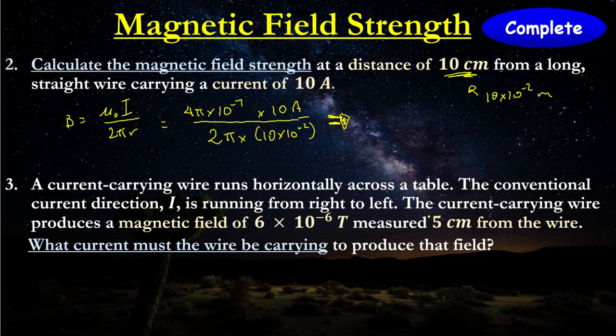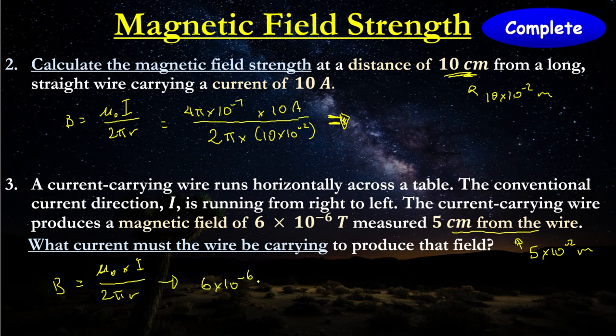Then for our next one, we have a wire at 5 centimeters. What current must the wire be carrying? So we have a magnetic field for this one, for our still straight wire conductor. We have B equals mu naught I over 2 pi r. Let's substitute all the values in first: 4 pi times 10 to the minus 7, I is the value we want to obtain, over 2 times pi times 5 times 10 to the minus 2.